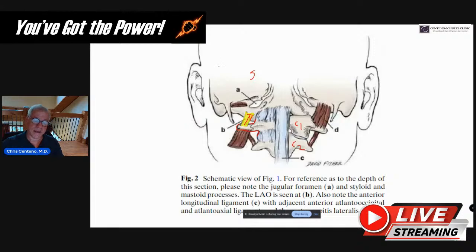It makes a lot of sense. For instance, if we try to move the skull that way, the lateral AO ligament is going to resist that. Also, if we try to twist the skull on C1, at the C0, C1 joint, this lateral AO ligament is going to resist that as well.